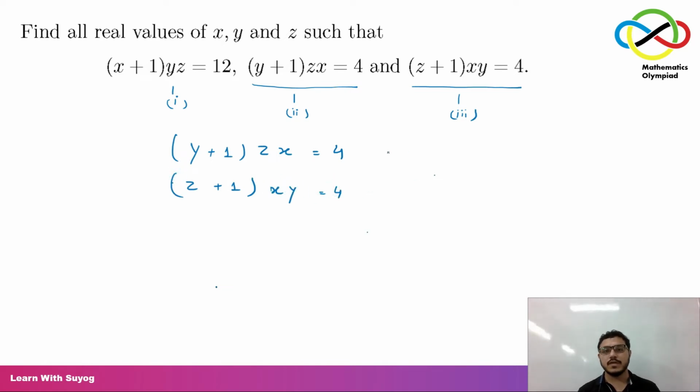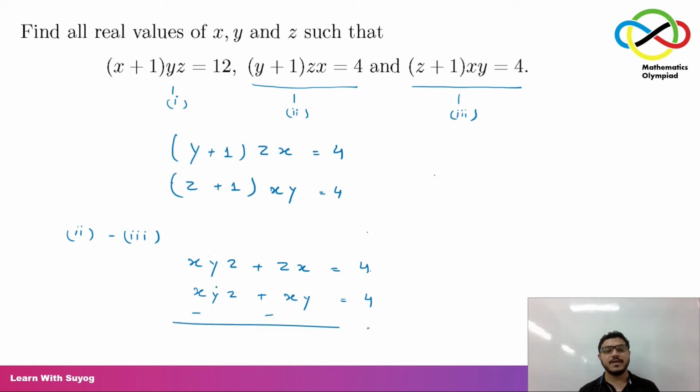If we subtract the second equation from the third equation, let's see what we get. We get xyz + xy = 4 and xyz + zx = 4, and when we subtract, xyz and xyz cancel out.